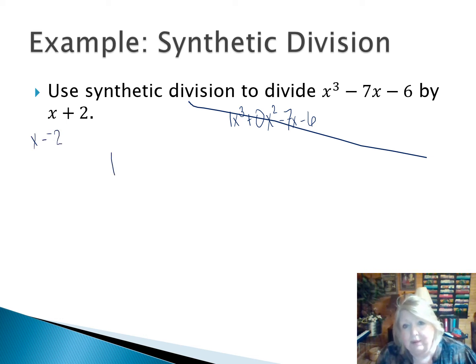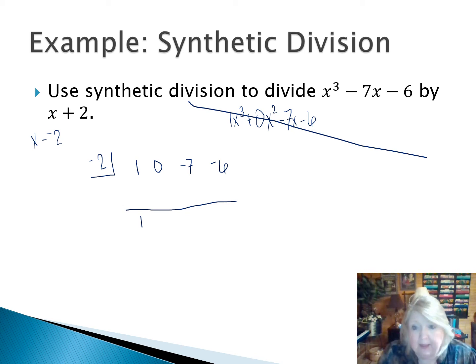I'm going to put a little box up here to keep me straight, and I'm going to enter my negative 2 because it's x minus negative 2. Then I'm going to enter just the coefficients off of my dividend over there. So it's 1, 0, negative 7, negative 6. And yes, the 0 is absolutely necessary. He's my placeholder. Okay, then I'm going to bring down the 1, the leading coefficient.